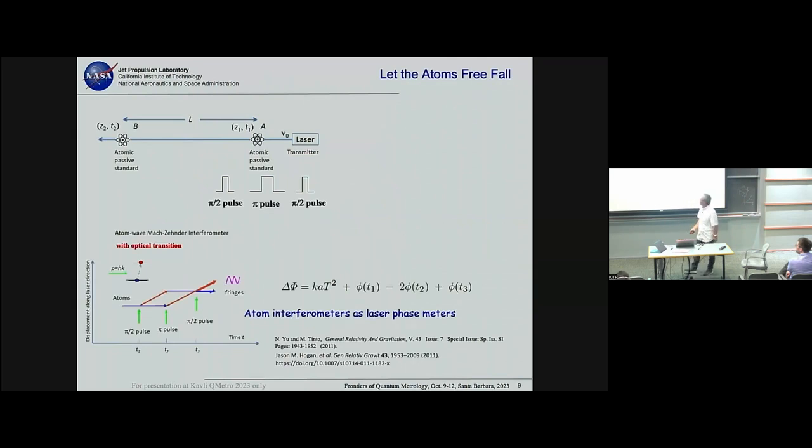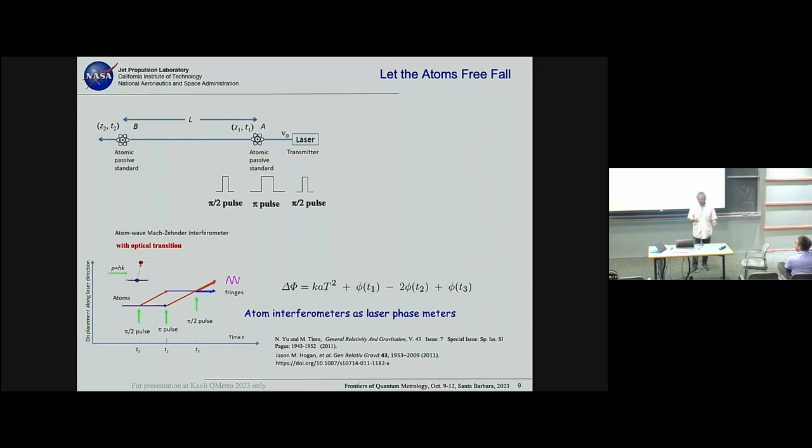This is where we originally came up with the optical-transition-based atom interferometer for gravitational wave detection. If you complete that, you get a phase that is a little more complicated than the clock phase, but nevertheless you have the laser phases. At the same time, because of the momentum exchange between the atoms and the photons, you also have an extra term, which you see many times in atom interferometers: k a T squared, where a is the acceleration of the atoms.